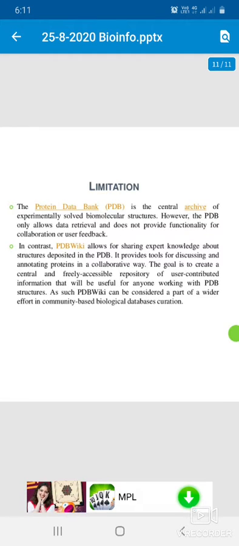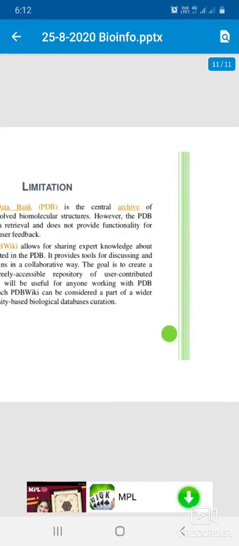As such, it can be considered part of a wider effort in community-based biological database curation. So these are all the limitations of the PDB.